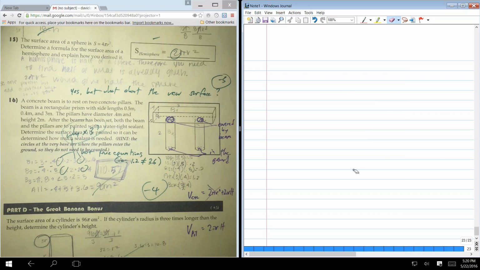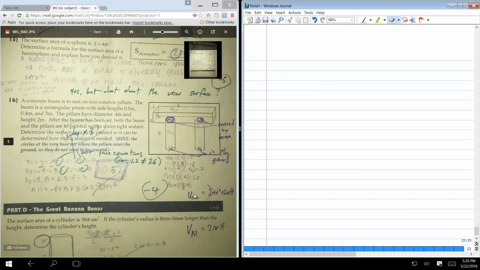So did we cover this problem well enough? It's a little hard for me to tell, because she wrote this down here. This is your general equation for the surface. Who wrote volume? That's not volume, that's surface area. Volume is the area of the base times the height.